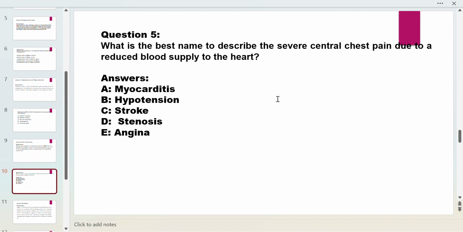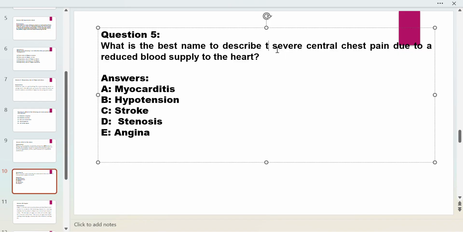Now question 5 is saying, what is the best name to describe the severe central chest pain due to reduced blood supply to the heart? So, what is the best name to describe a severe central chest pain due to reduced blood supply to the heart?